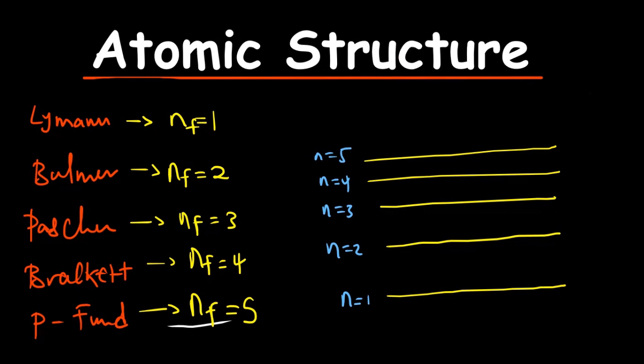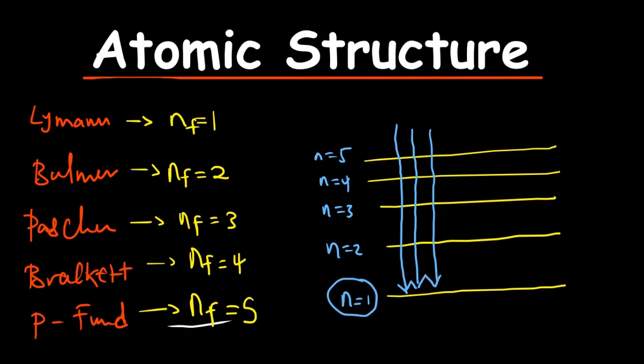So an electron can come from whatever energy level, but as long as its final destination is energy level number 1, we are going to be calling those the Lyman series. So the Lyman series has the final energy level as 1.